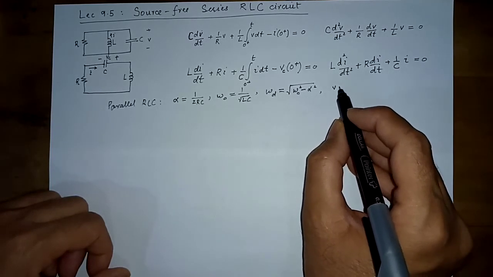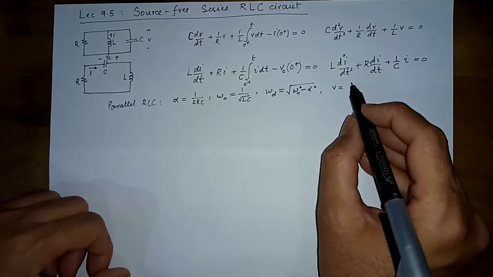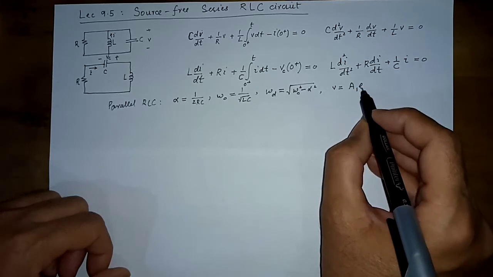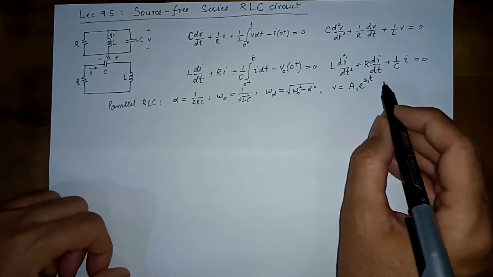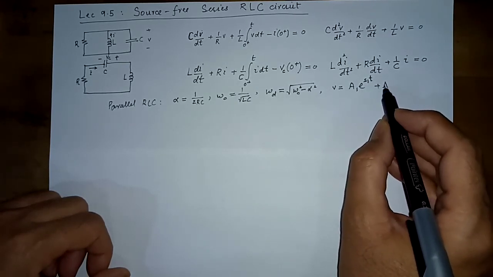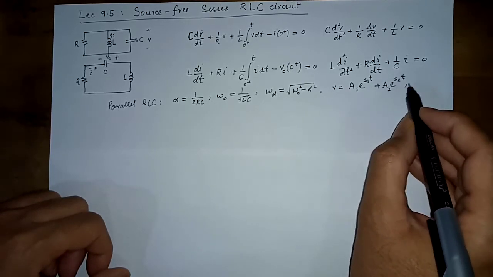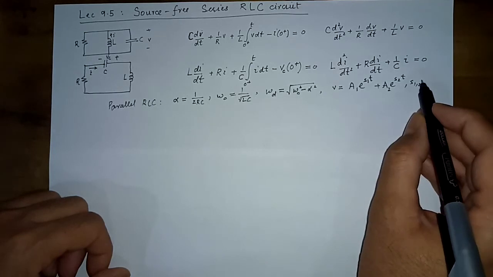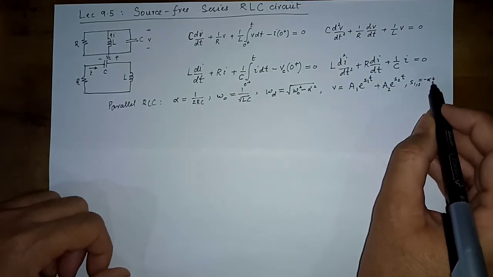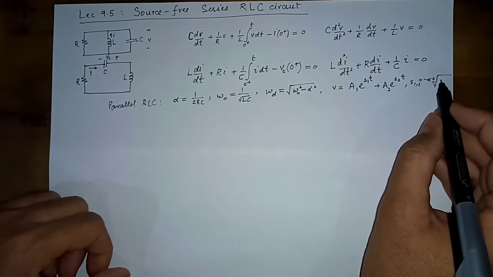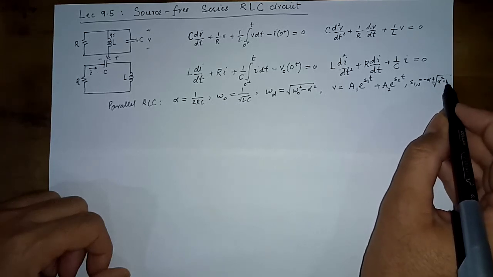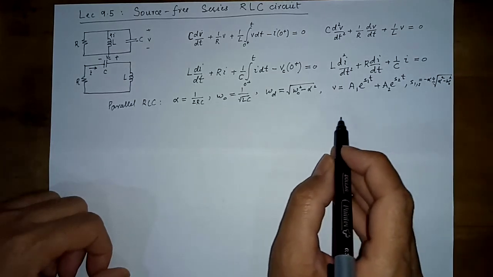For example, for the overdamped case, we said V would be equal to A1 e raised to the power s1 t plus A2 e raised to the power s2 t, and we know that s1,2 was equal to minus alpha plus or minus the square root of alpha squared minus omega naught squared.